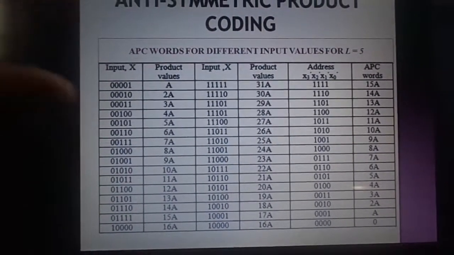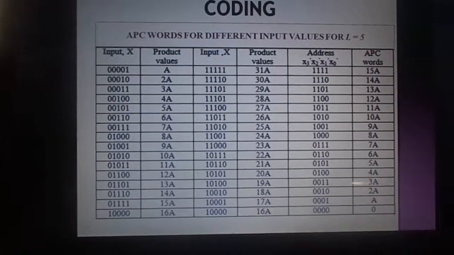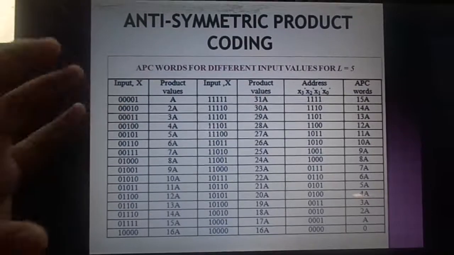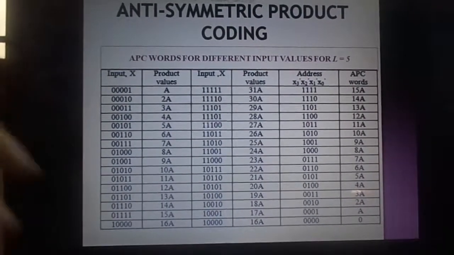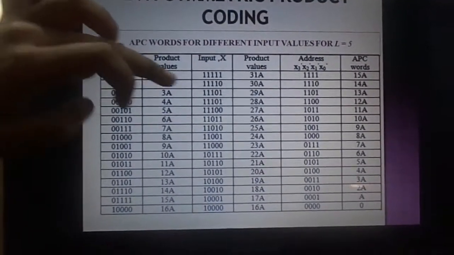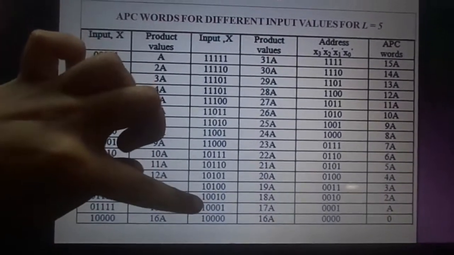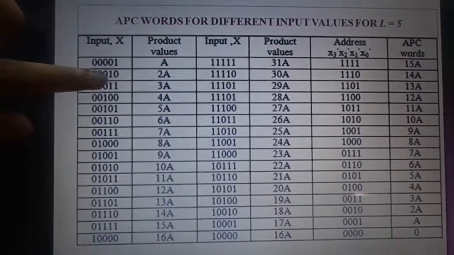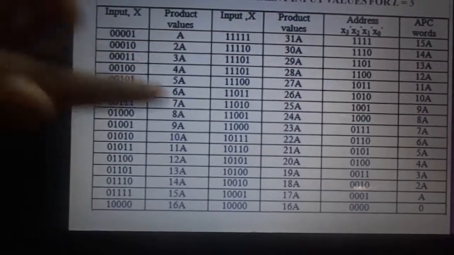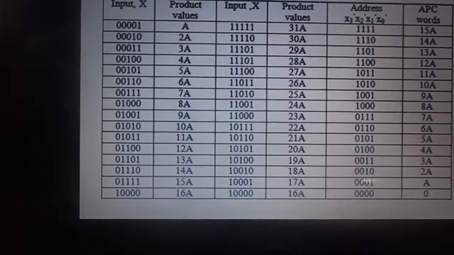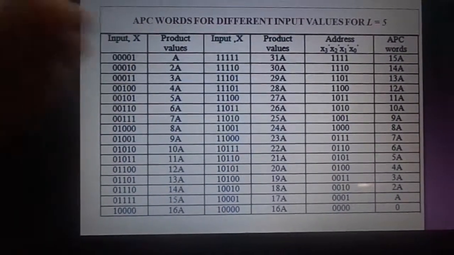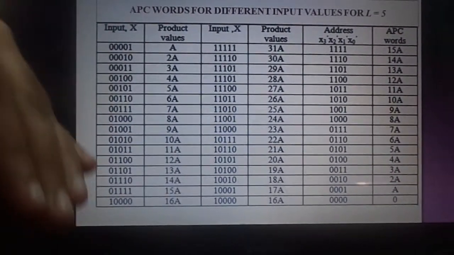The main objective here is that for every symmetric and anti-symmetric product coding, the same address is generated. Like for A and 17A, we have the same value 0001, and for 2A and 18A, we have the same value 0010. Only the MSB bits will be differing. So instead of having 2 different tables, we have one single table. This reduces the size of the table to half.